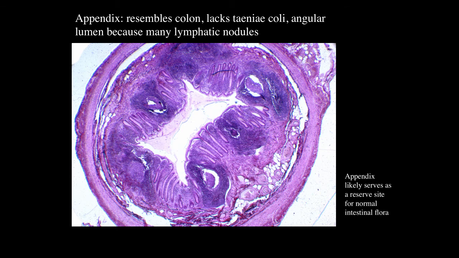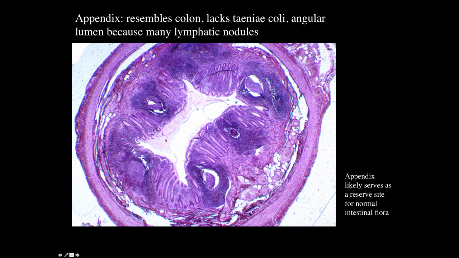Now, the appendix likely serves as a reserve site for the normal intestinal flora in the GI tract. We often wonder, what are we doing with the appendix? People think that the appendix is a vestigial organ during our evolution, and oftentimes the appendix is removed. You know, acute appendicitis can be a very serious clinical condition.